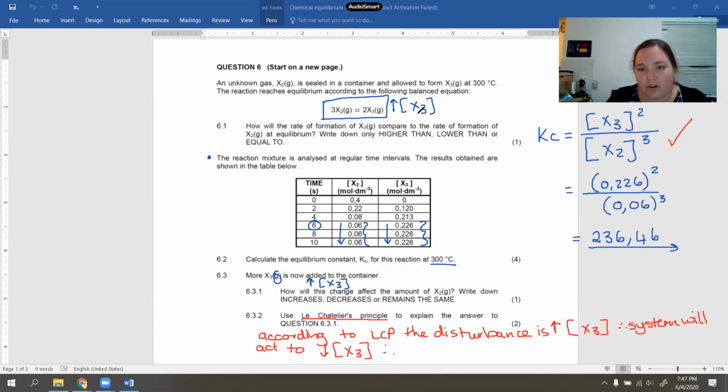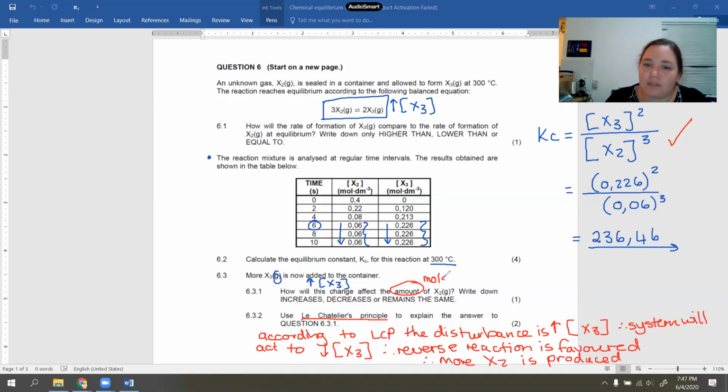In order to decrease the concentration of X3, therefore the reverse reaction is favored. And if the reverse reaction is favored, we will make more X2. And therefore more X2 is produced. Please remember, when they ask about the amount of X2, you can assume that that means the number of moles. Okay, so more X2 is produced. So going back to the first question, my answer here is going to be that it increases.